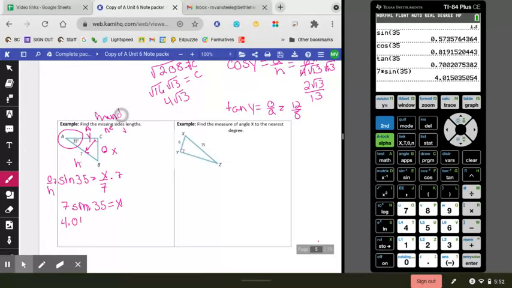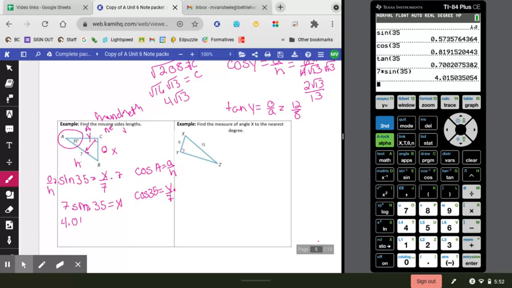Now I'm going to find Y. To find Y, that's the adjacent side. So cosine of A is the adjacent over hypotenuse. So the cosine of 35 is Y over 7.